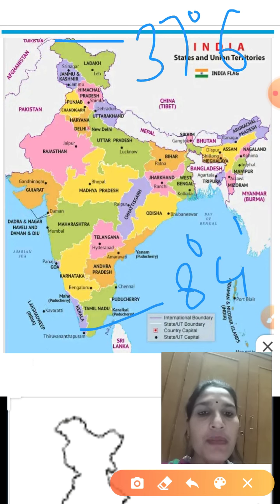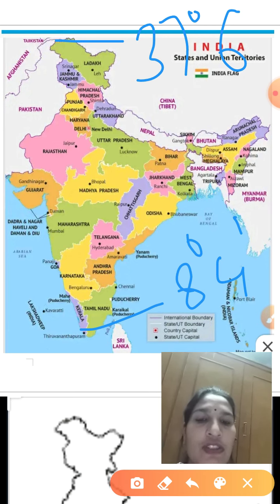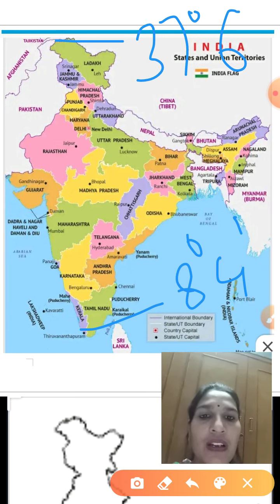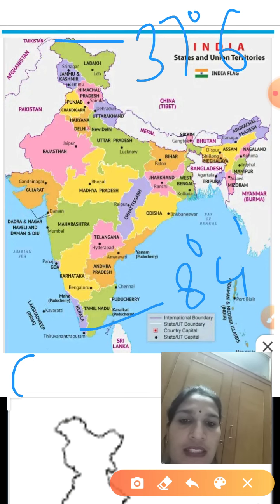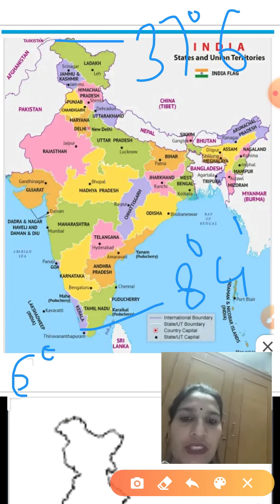So it started from 8 degree 4 minute to 37 degree 6 minute. But if we see the latitudinal extension of India as a whole, it starts from Andaman and Nicobar, from 6 degree 4 minute.